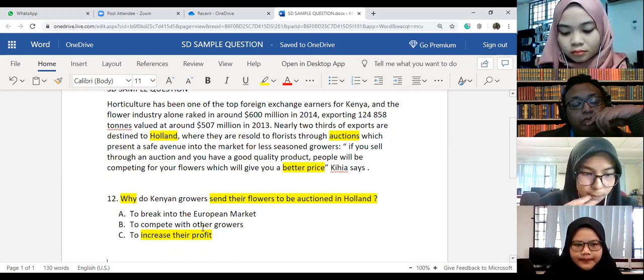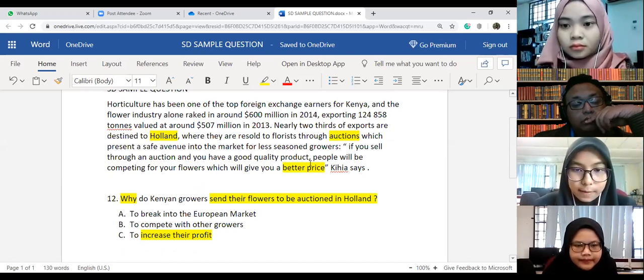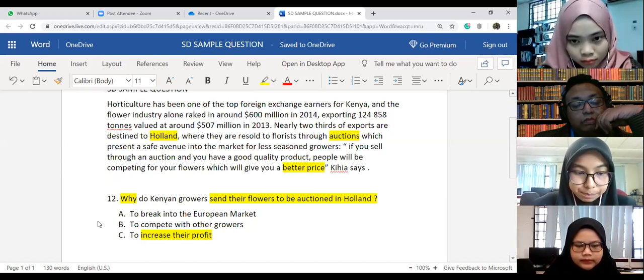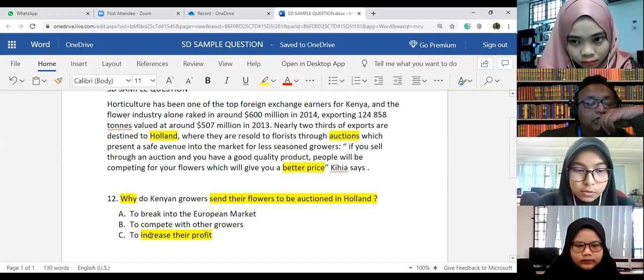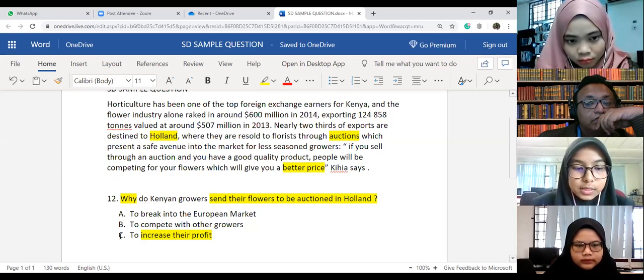So we can conclude that better price means increase their profit. So the answer for why do Kenyan growers send their flowers to be auctioned in Holland is C, to increase their profit.